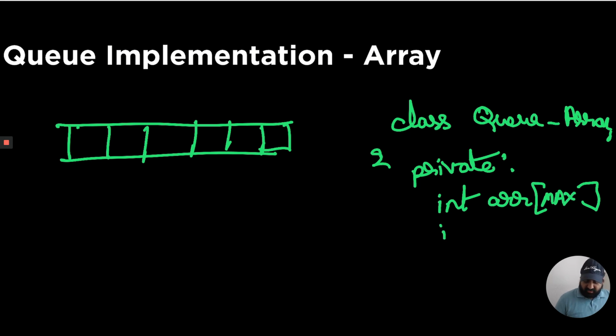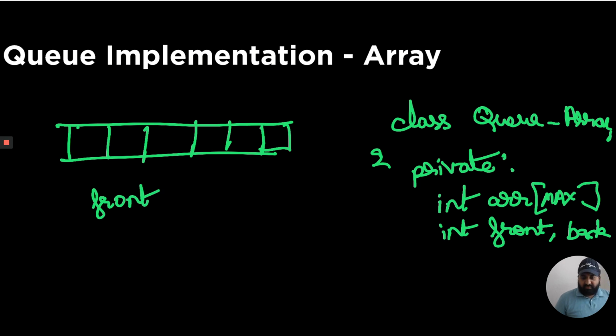Now instead of just a top position, we'll have two pointers or indices that store front and back. How queues generally work is that whenever front is equal to rear, or back, you can call it anything, I'm going to call it front and back for consistency, then we know the queue is empty.